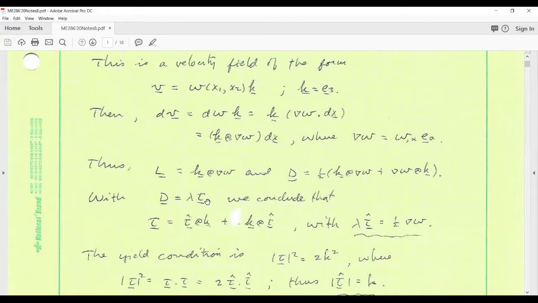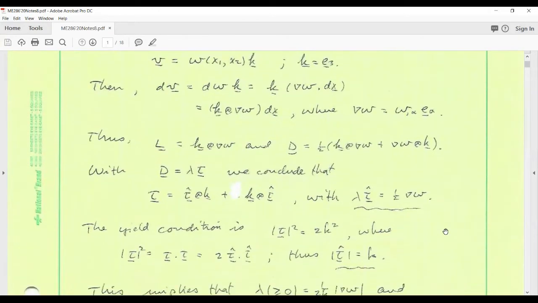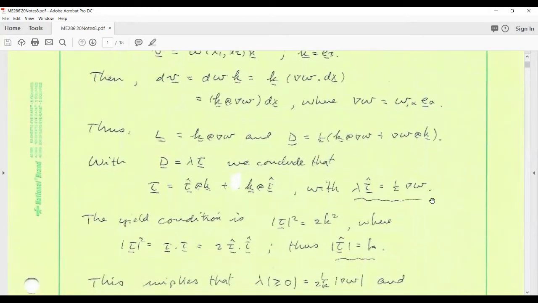By comparing this equation to this structure of D, we deduce that tau, the deviatoric stress, must have this structure: some vector, I'll call it tau hat, tensor product k plus k tensor product tau hat, where then lambda times this tau hat must be 1/2 gradient w. So you can regard this as the reduced flow rule for the anti-plane problem. Tau hat is a stress vector, essentially, that contains the transverse shear stresses.